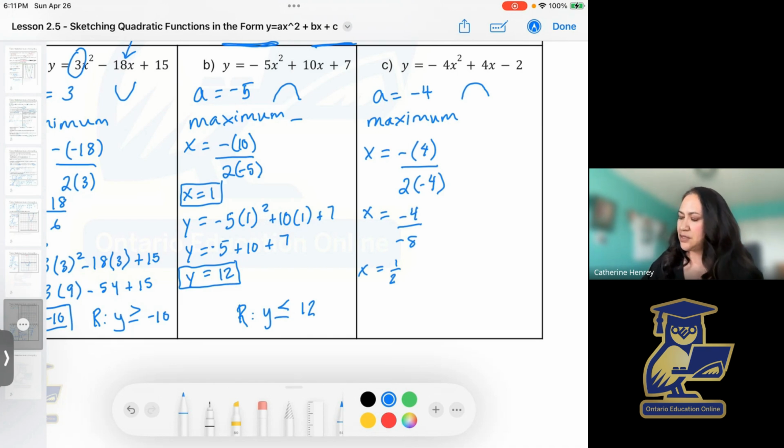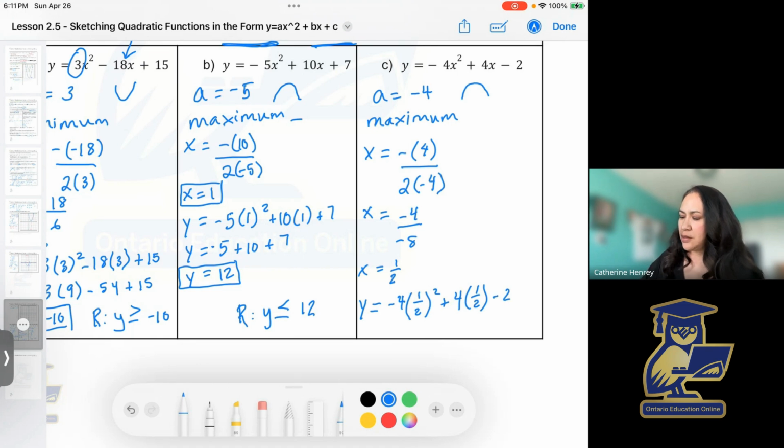Let's plug this into y. The function y equals -4 times 1/2 squared plus 4 times 1/2 minus 2.